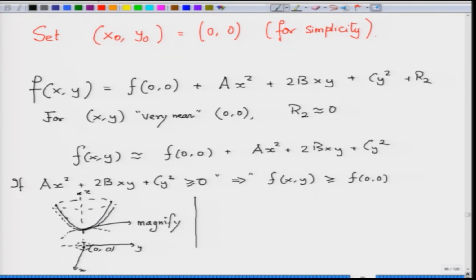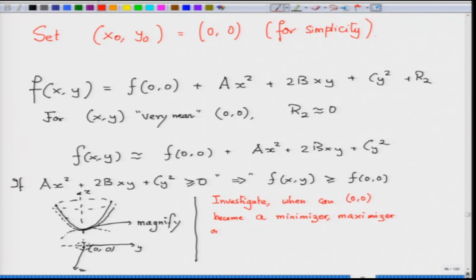So, what we should now do, investigate when can 0 0 become a maximizer or minimizer, or saddle point.